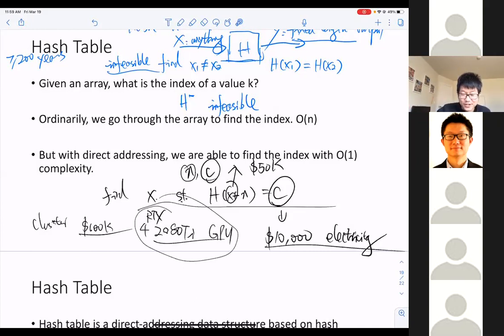This is something I always regret. If I had bought it not for research but just for mining Bitcoins, I definitely would be a millionaire now, but I didn't do that. At that time, I thought it was not worthwhile.